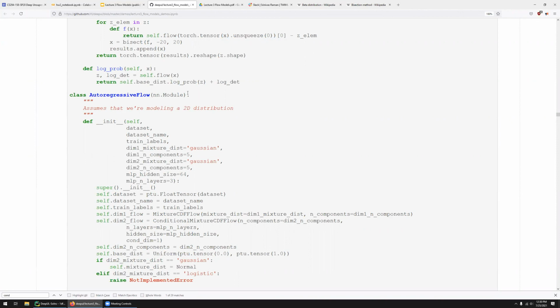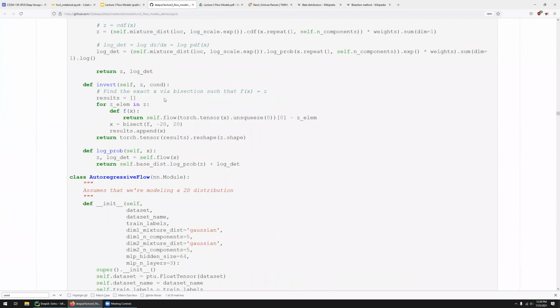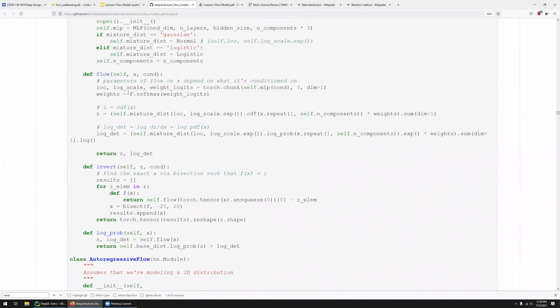It's still using one dimension, so the mixture distribution, and then you're still doing the CDF. So the same idea happens over and over. I was a bit confused, and probably have to think about it a little more, and then it can click what the diagram and the notation mean.